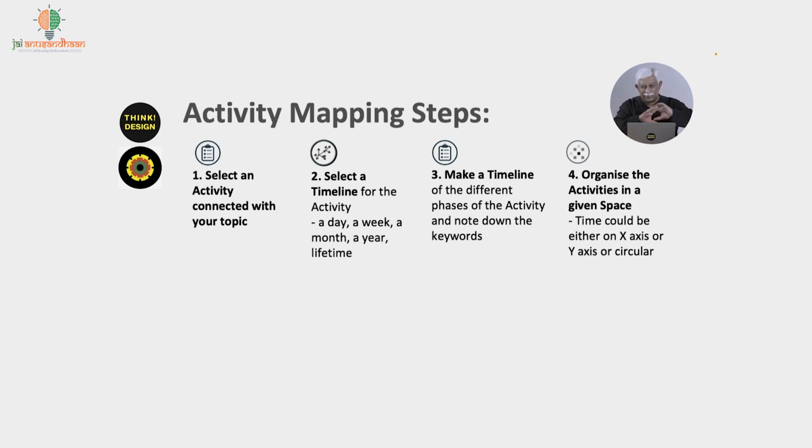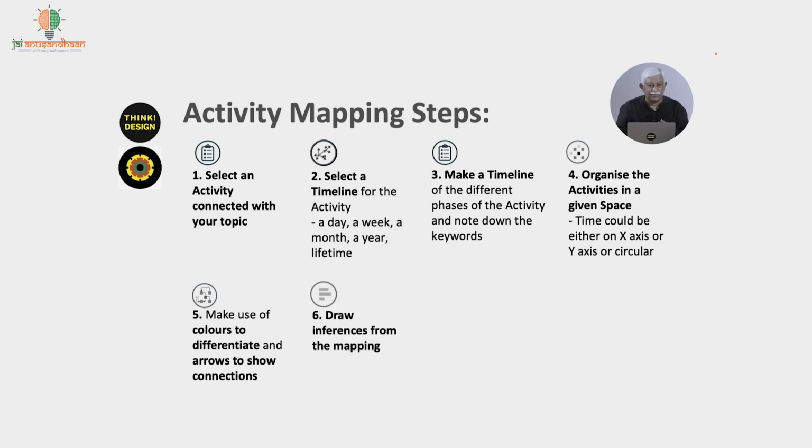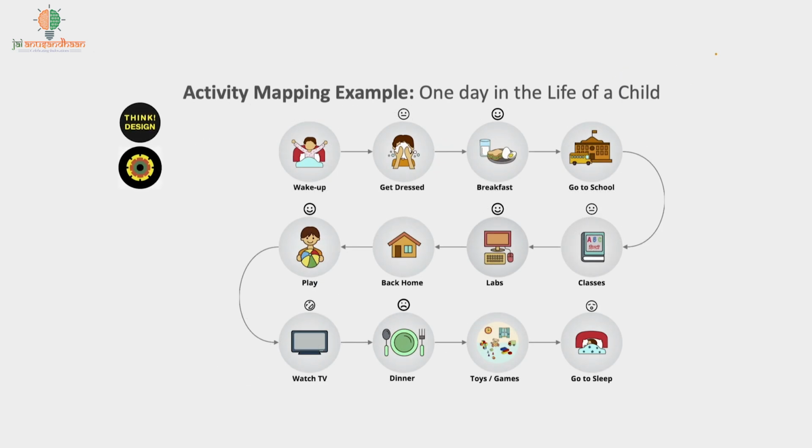You can use the x-axis or the y-axis, or it could even be circular to depict the time axis. You could make use of colors to differentiate, arrows to show the connections and directions, and you need to draw inferences from this mapping after you do it, and then make a list of these inferences. So let us look at some examples.